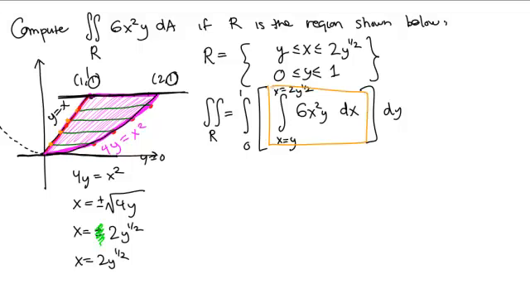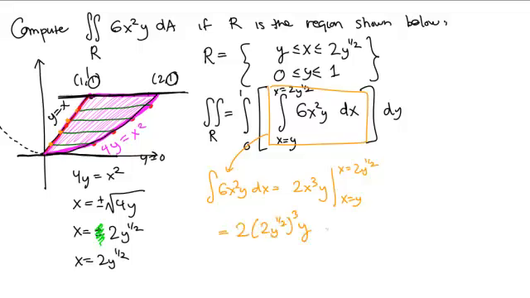Let's do it. We'll focus on the iterated integral first. If we integrate 6x squared y with respect to x, we're going to get 2x cubed y, which we can then evaluate from x equals y to x equals 2y to the 1/2 power. When we plug in the top value, we're going to have 2 times the quantity 2y to the 1/2 power cubed times y. When we plug in the bottom value, we're going to have 2 times y cubed times y.